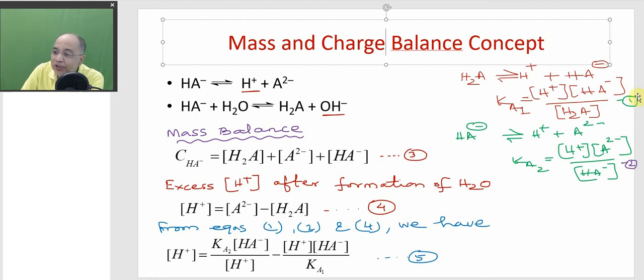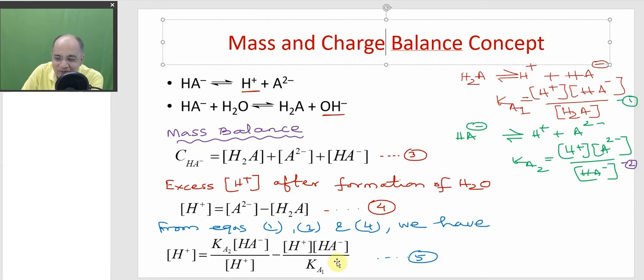So from equation 1, this one Ka1, and equation 2, Ka2, and equation 4, this one, right? We get H plus ion is equal to A2 minus, which I am getting from here, this into this by this, and H2A, which I am getting from here, this into this by Ka1, right?